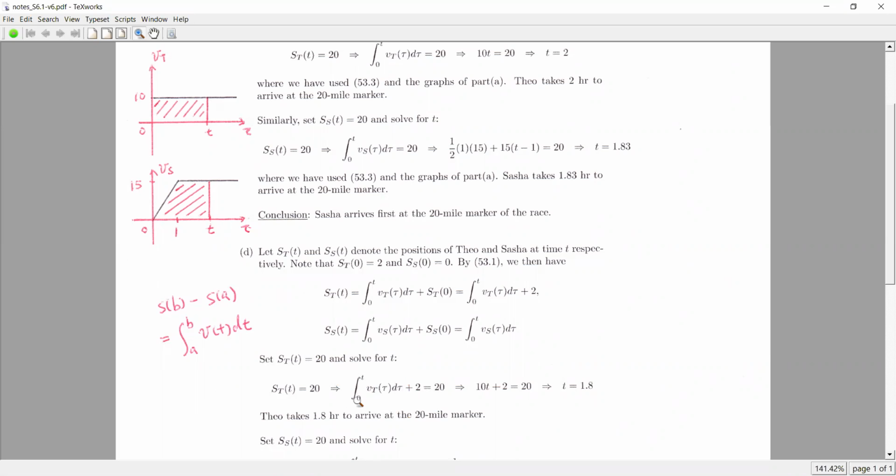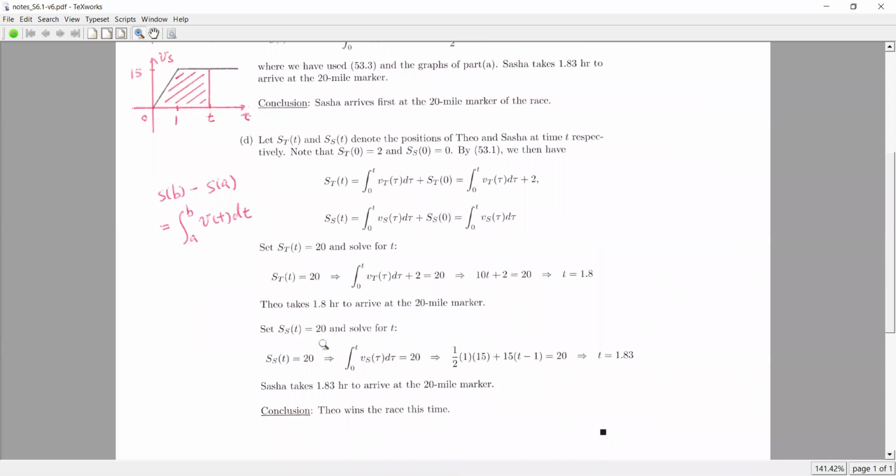This integral is the net area of this rectangular region. It is 10 times t. Solve this equation for t, I get t is 1.8. So Phil takes 1.8 hours to arrive at the 20-mile marker.